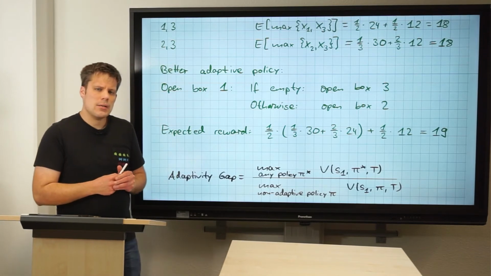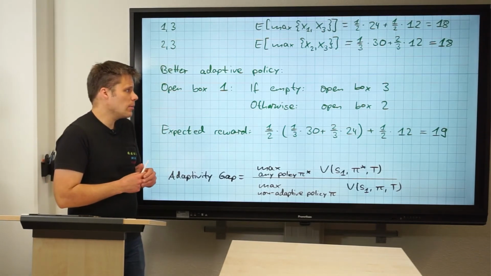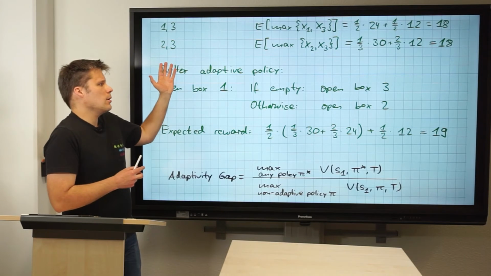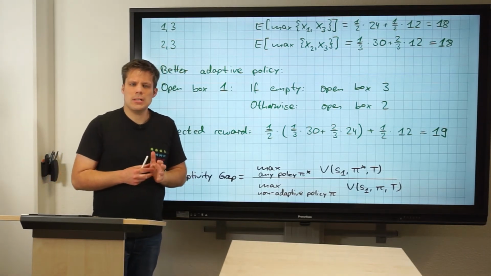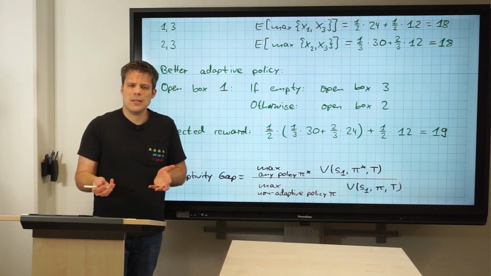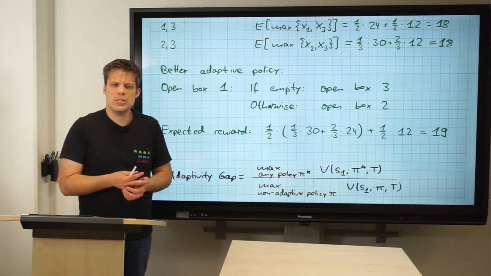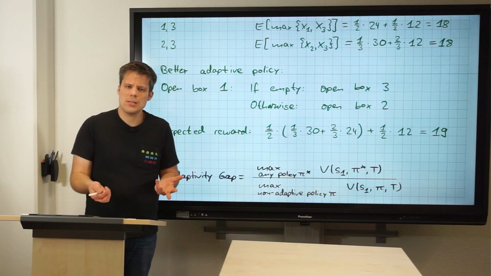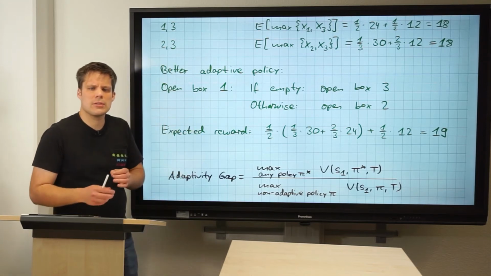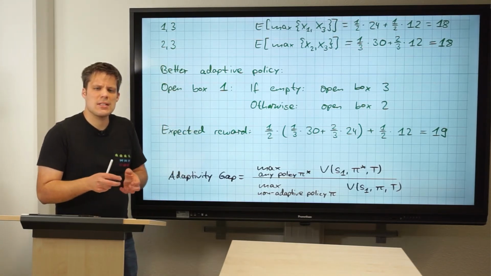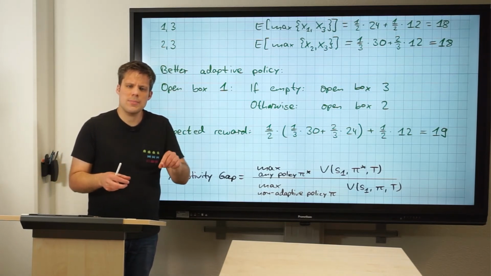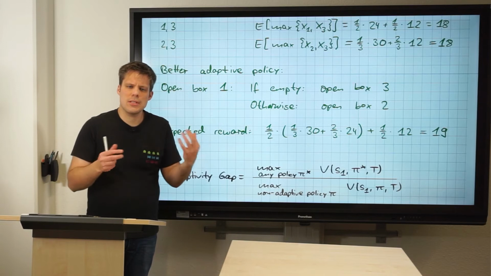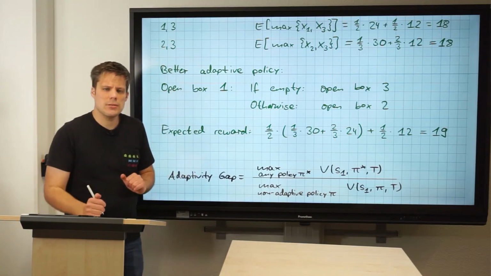And why do we care about the adaptivity gap? Well, stating such an adaptive policy might really be difficult, in the sense that any description might be huge, because it would have to represent this decision tree. Meaning that this now states, okay, open this box, then depending on what you find, do this or do that, and this might be huge.